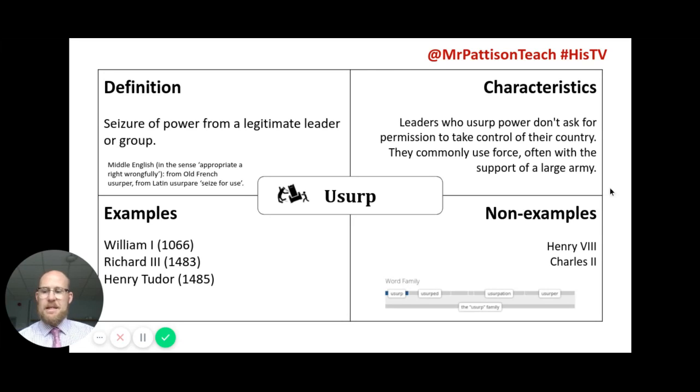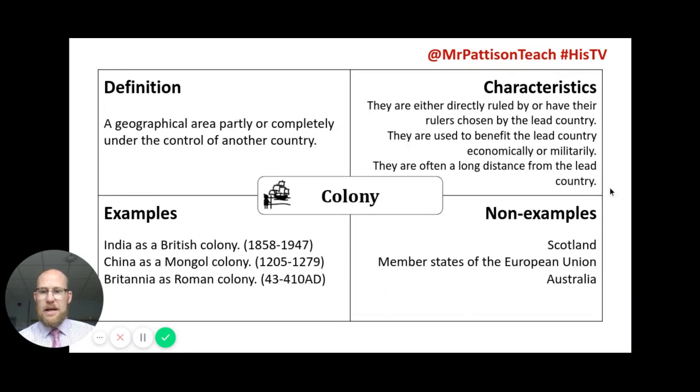So usurp is an example of picking out a word, in this case a tier 2 word, which students are likely to be unfamiliar with, and introducing them to it in a comfortable, structured way. Another example of where the Frayer model comes into its own is if you're using a word that they might be familiar with but has a different meaning in history, subject specific.